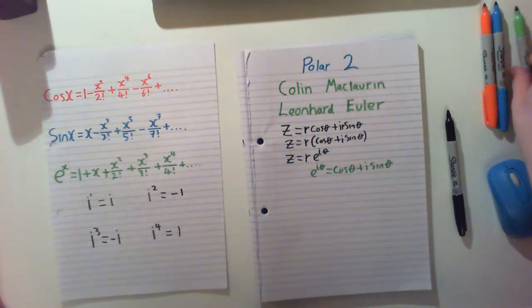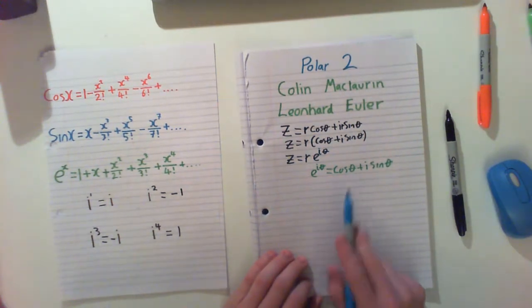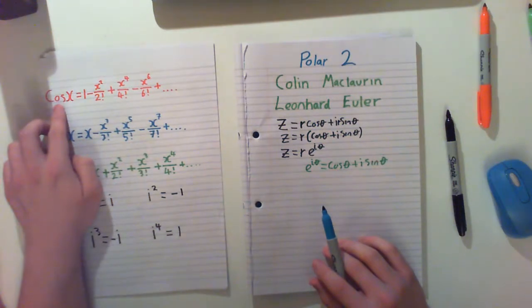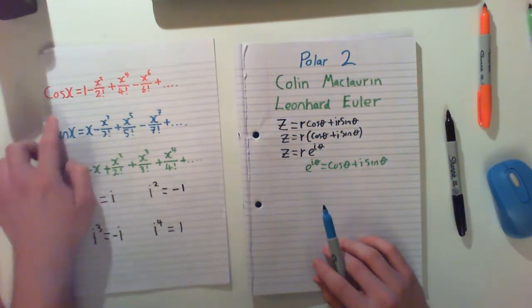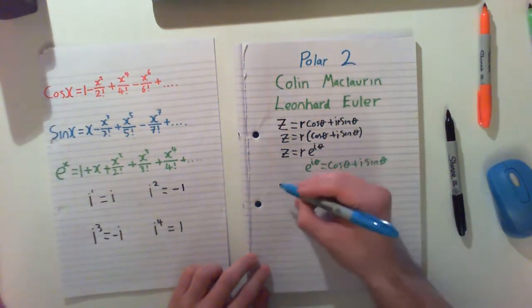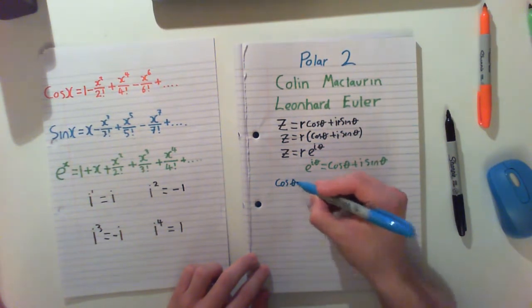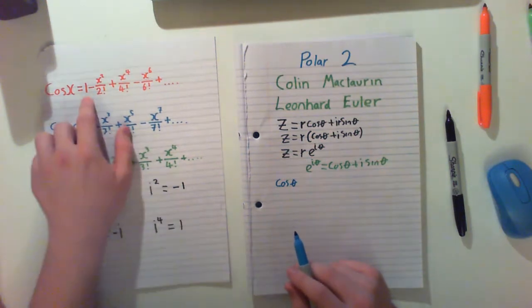To do this, we're going to use the series. We're going to start with the cosine, and remembering that these are functions, this can be treated as a function of x, function of x, and function of x. So for the cosine, this is now just going to be a function of theta, given by subbing in all the values of theta.